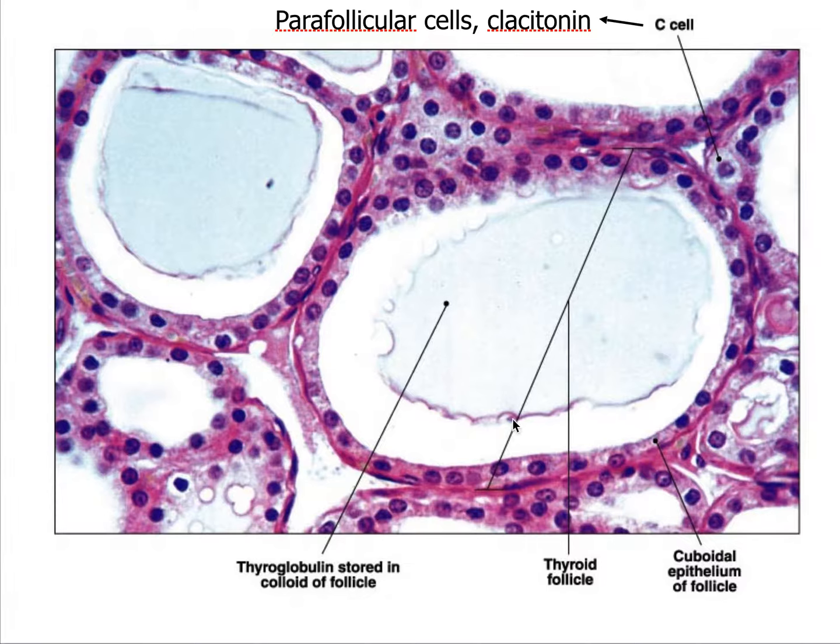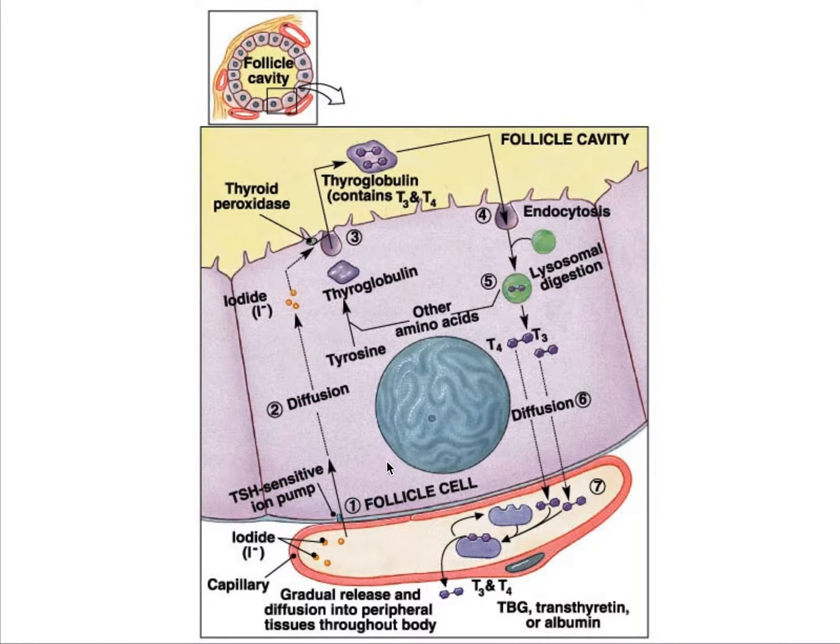So again, this is the thyroid gland where we store all of our T3 and T4. And who makes it? The follicular cells make T3 and T4. So this is how you would actually bring in iodine in order to make T3 and T4. T3 and T4 stand for triiodinated and tetraiodinated.